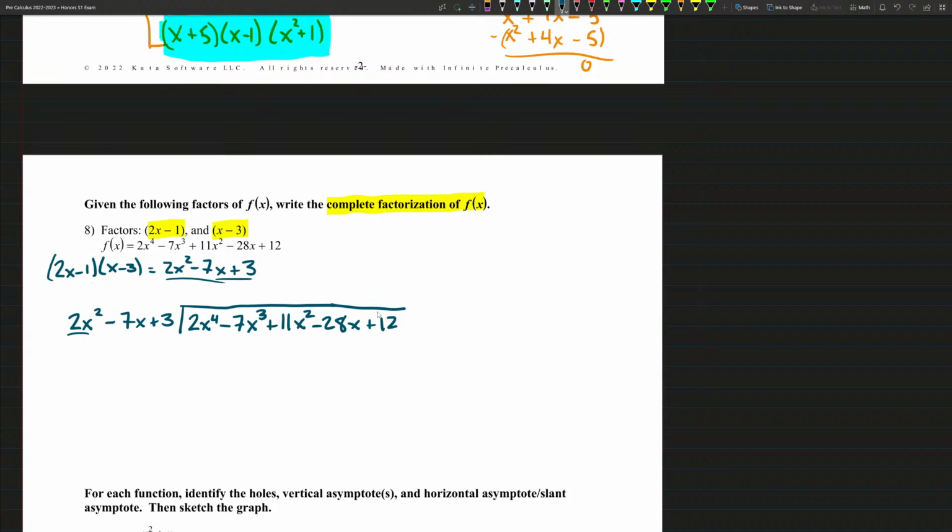So 2x squared into 2x to the fourth, that goes in x squared times. 2x squared times x squared, that's 2x to the fourth, which is what we wanted. Negative 7x times x squared is negative 7x cubed. And 3 times x squared, that gives us 3x squared. We're going to subtract those things. So 11 minus 3, that's 8x squared. Bring down the rest.